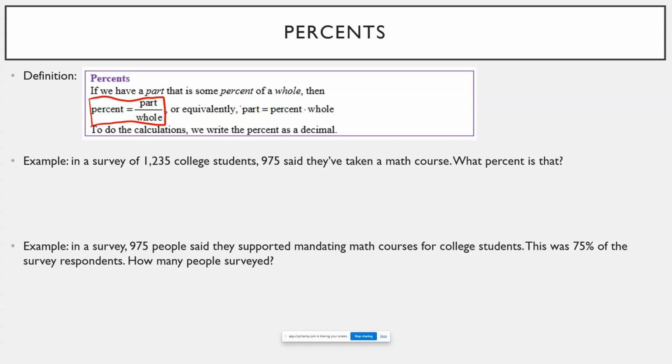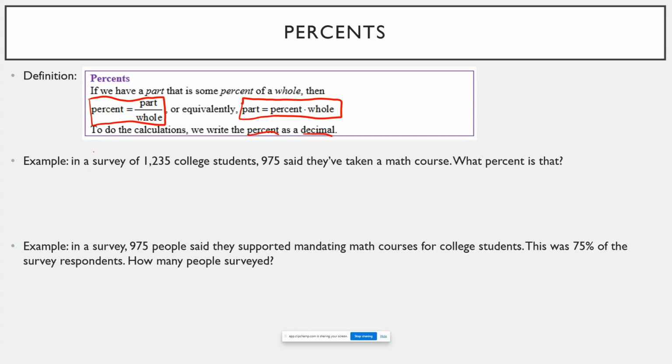Or equivalently, the part is equal to the percent times the whole. When we do these calculations, we write the percent as a decimal. And if it's asking for the final answer in a percent, you just convert back. So we have these things: percent, part, and whole. In these problems you're given two of them, and you want to find the third.